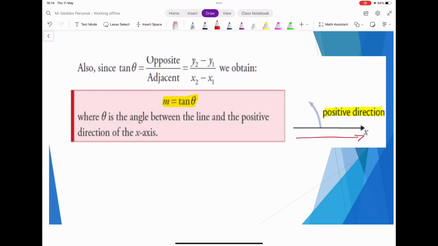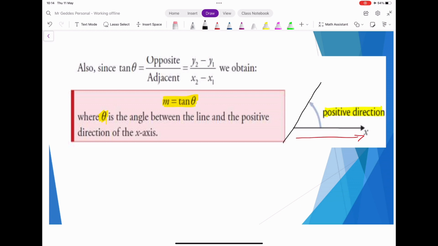There's the positive direction of the x-axis, and the line will be coming up from there, and theta is obviously the angle we measure from the x-axis to the line. Theta is that wee symbol there, and it says in the box where theta is the angle between the line and the positive direction of the x-axis.